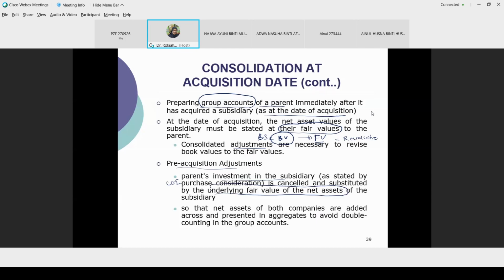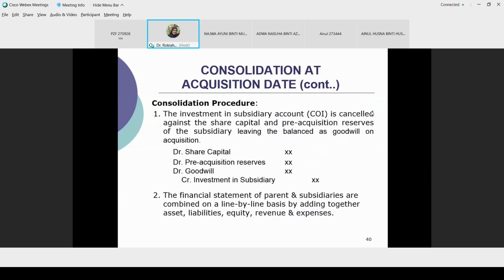So you need to credit your COI, and the debit side here is the net assets of the subsidiary. Remember that the net asset here is equal to the equity of the subsidiary. So that the net assets of both companies are added across and presented in aggregate to avoid double counting in the group's accounts. So we are going to add those together. Okay, the consolidation procedure.